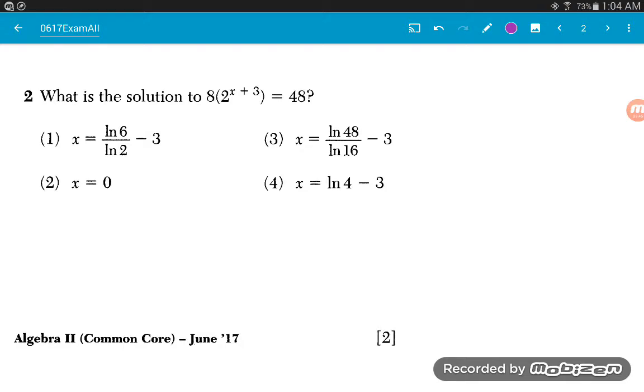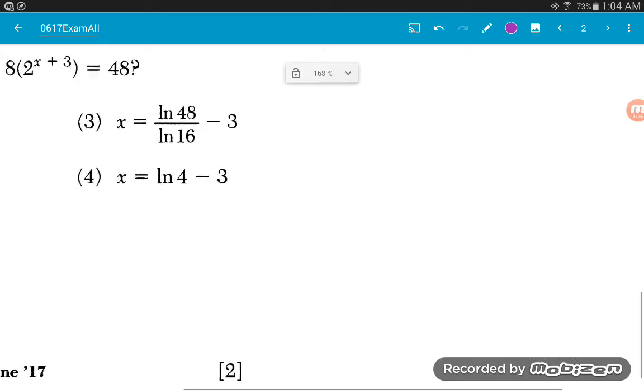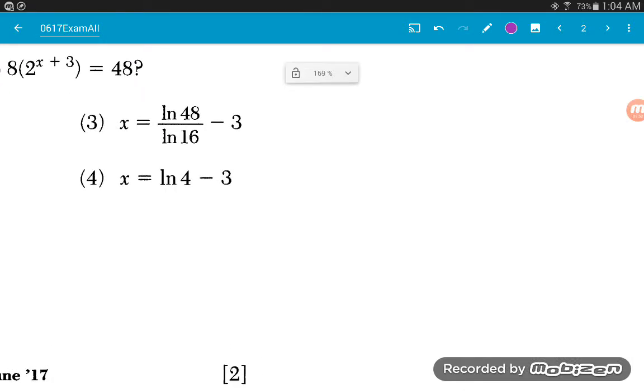The problem is that x is in here, it's got all this other junk around it that we're going to have to deal with first. So I'm going to rewrite this equation over on the side so I have a little bit of working space. The equation is 8 times 2 to the x plus 3 exponent is equal to 48.